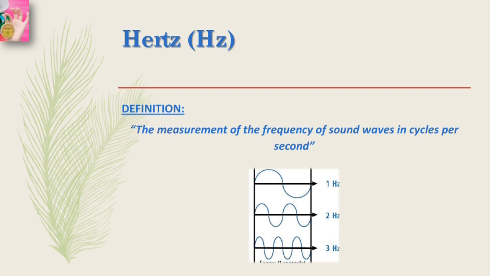The faster the vibration, the higher the frequency, the closer together the waves are, and the higher the tone produced. If you pluck the high and the low strings on a guitar, you will notice that the low one vibrates far fewer times per second than the higher one.